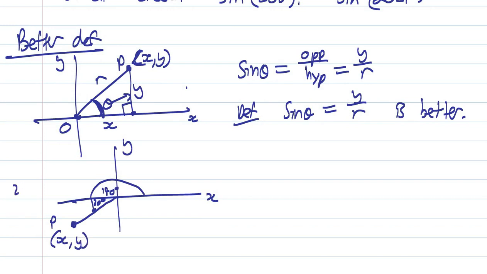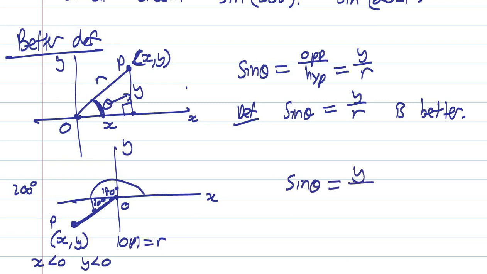So if you're doing 200 degrees, is the x value positive or negative? If you draw this line where the angle is 200, x is negative and y is negative. Now the distance from O to P is always positive, all right? So if you do sine theta, which is the y value of the point over r, is this quantity positive or negative?